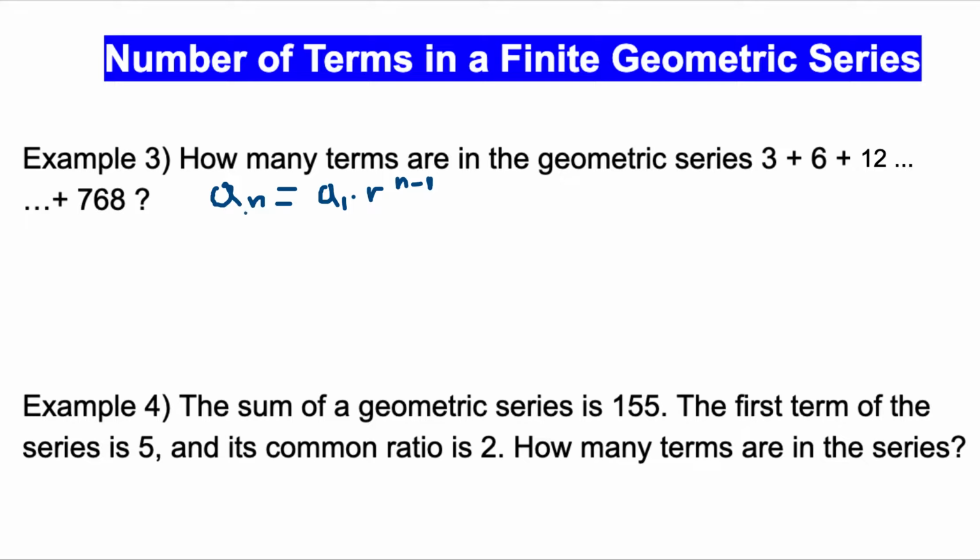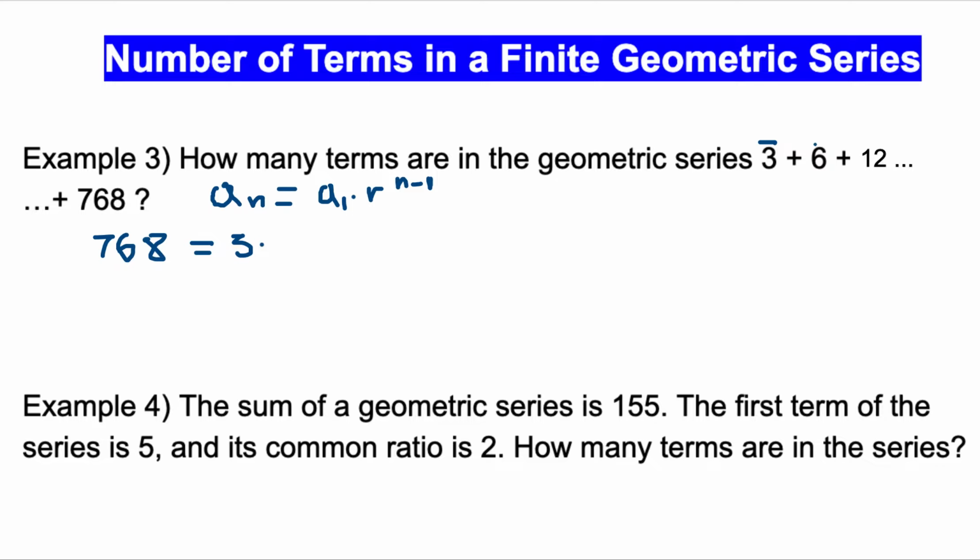Now we already know the final term here is 768. So 768 is equal to the first term, which is 3, times the common ratio.